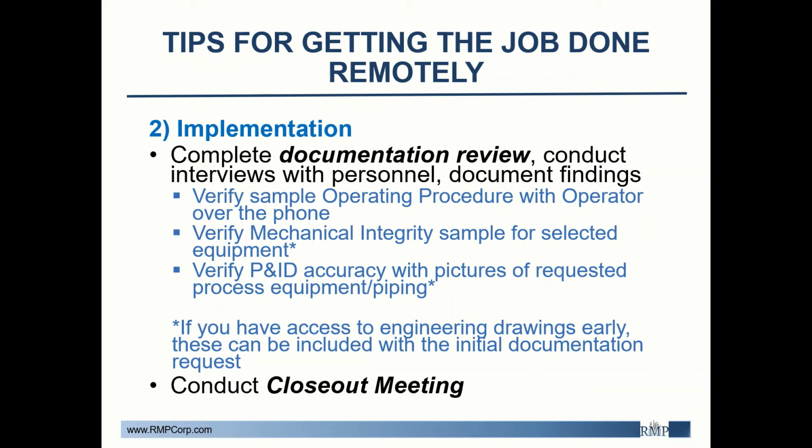For example, if I was looking at vessel V-1, I'd ask for any inspection records in the past 3 months. I'd also ask for pictures of that vessel in the field, and those two items could possibly satisfy your PID accuracy and also satisfy that mechanical integrity is being implemented for this vessel.